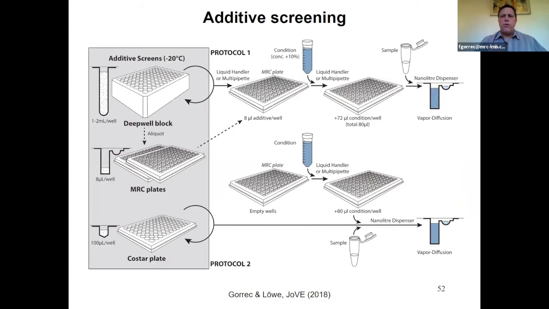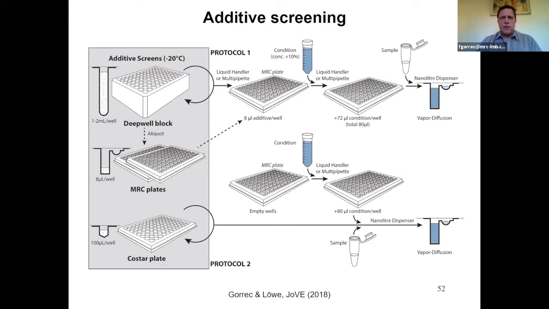Once you're in control of your condition, then you can play a bit more with it. One straightforward way is additive screening. Before, we were using additive screening in deep well blocks, transferring to plates. As for the initial screen at the LMB, we have MRC plates pre-filled with the additive screen that are kept frozen.